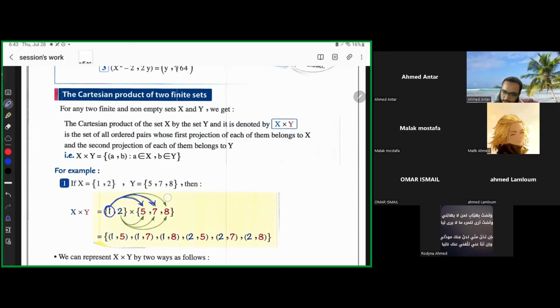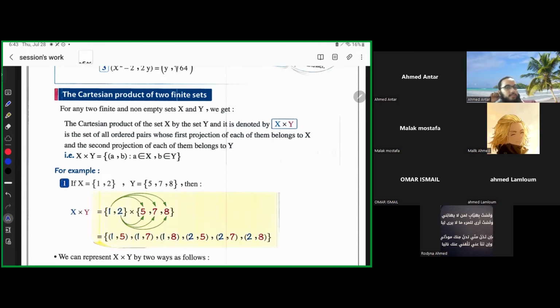Firstly, 1 with 5, the pair, then 1 with 7, in another ordered pair, then 1 with 8, in the third ordered pair, then the 2 with the 5, 2 with 7, and 2 with 8.